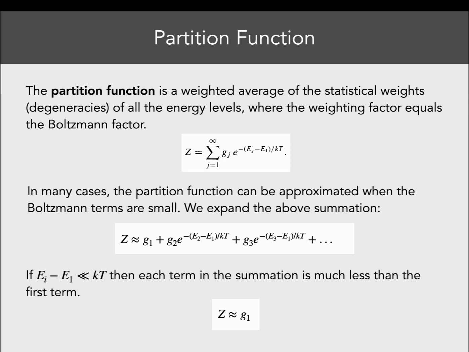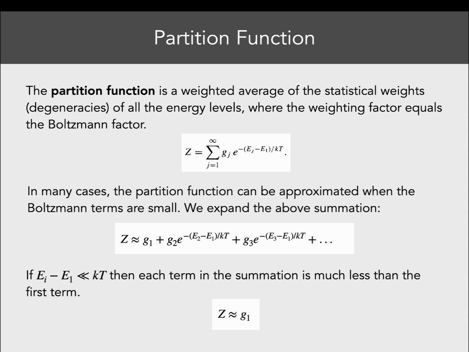In a lot of cases, we can make the approximation that this exponential term here is going to be much, much, much smaller than 1. So all of these other terms are going to be tiny compared to that first term. That assumption breaks down in like the hottest of stars, but it works fine for the sun and even for moderately hot stars.